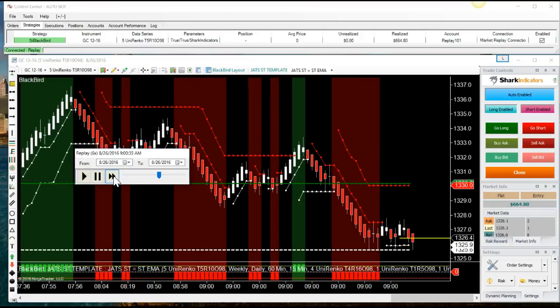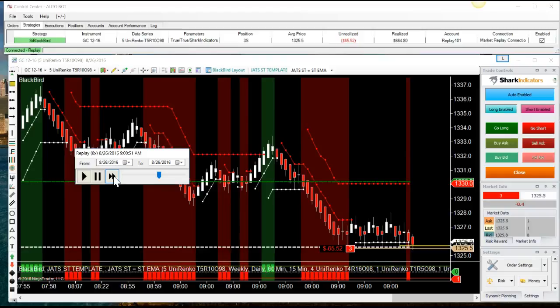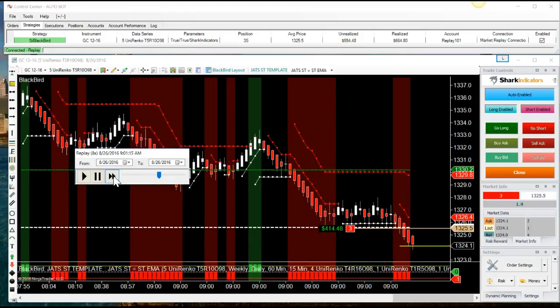And then I will also show you some features of Blackbird that you can set for order management.